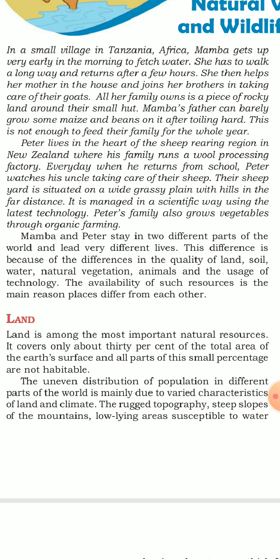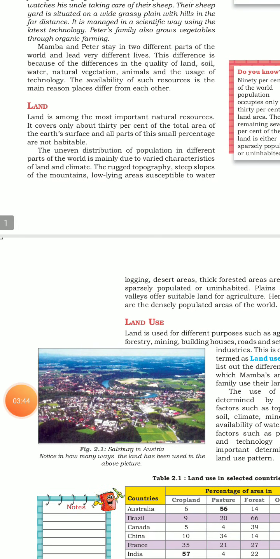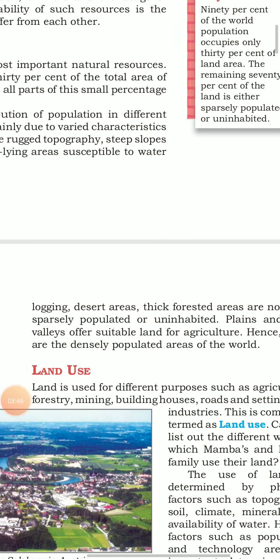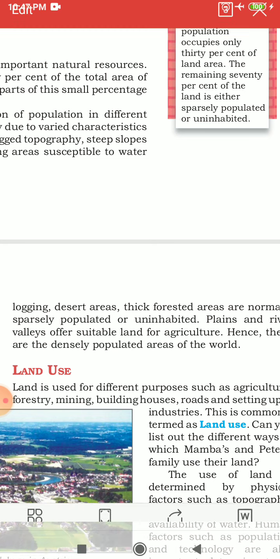Whereas plains and river valleys offer suitable land for agriculture. Hence, these are densely populated.